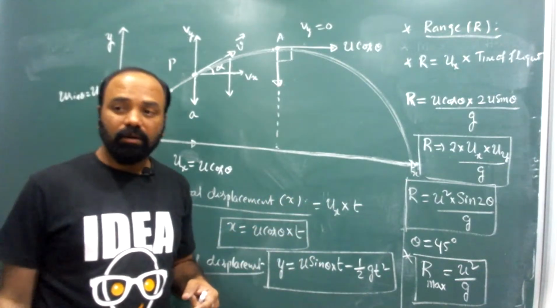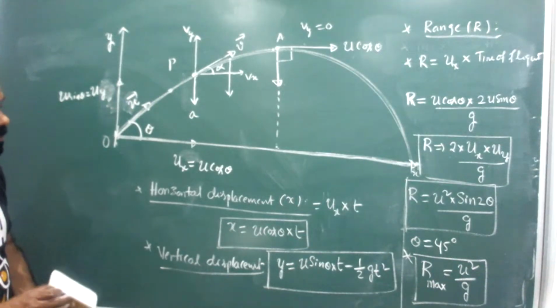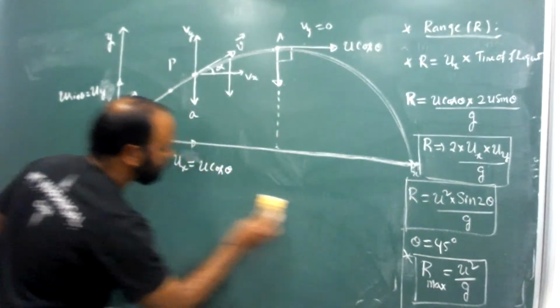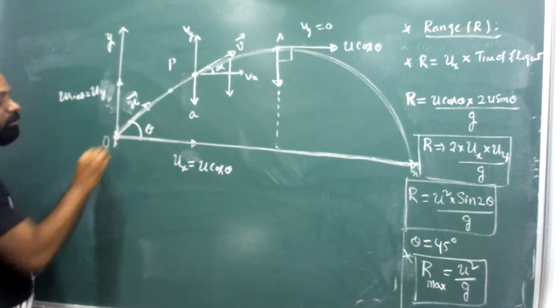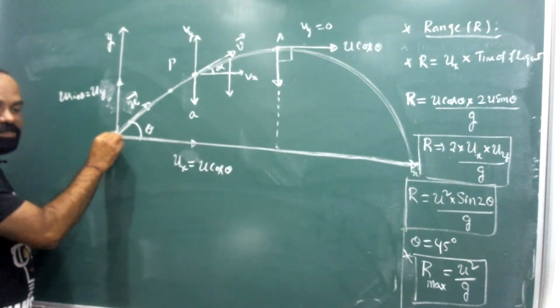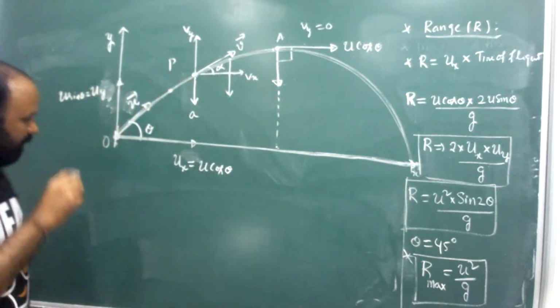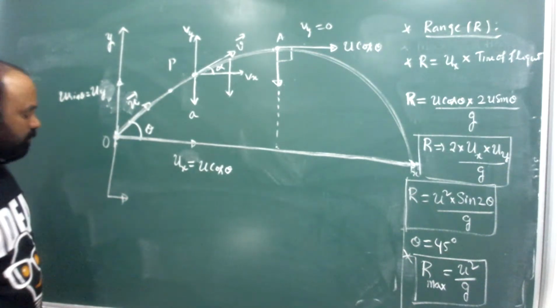Now see, at this projectile, this is called the point of projection. This is the striking point. They may ask what kind of energy it has at this point.